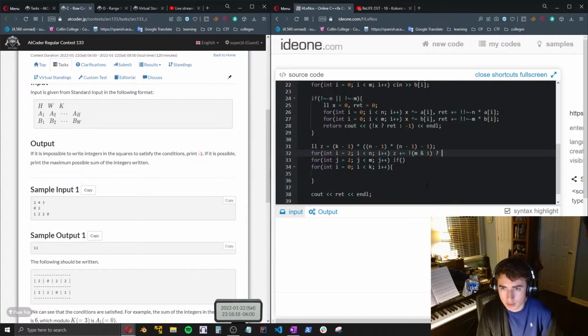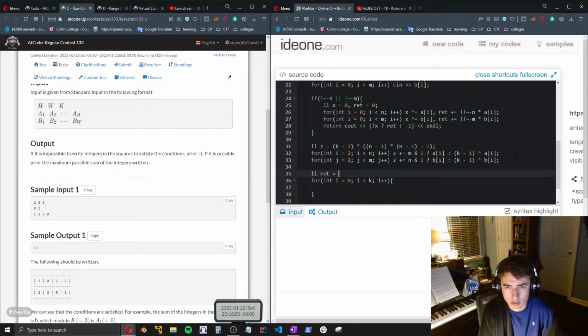A of I. No, it should be m and 1. K minus 1 times k. And then we do the same thing with B. Okay. Now we just see if we can find something that works for the final two values.